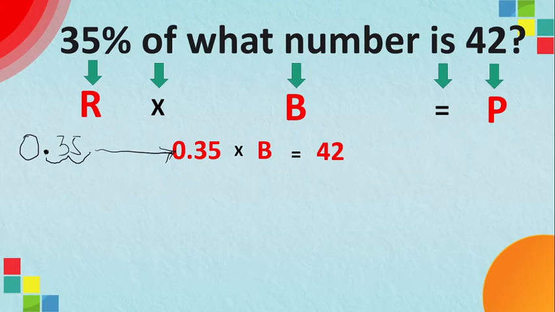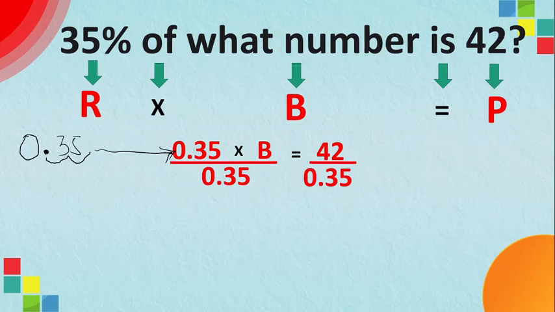Based on the derived mathematical equation, we can easily detect that the missing element in that given word problem is base. So how do we get base? All we have to do is divide both sides of the equation by 0.35. We can cancel out 0.35 divided by 0.35, that is 1.